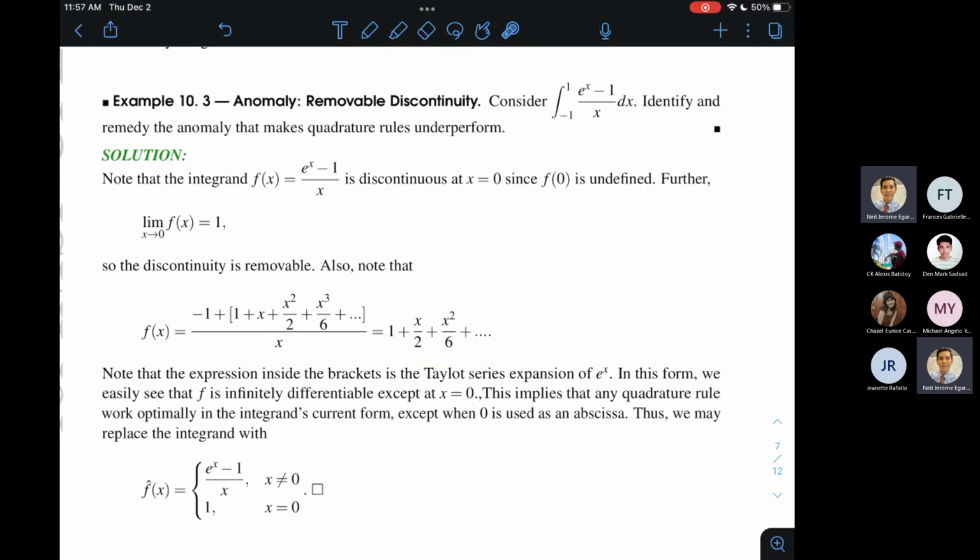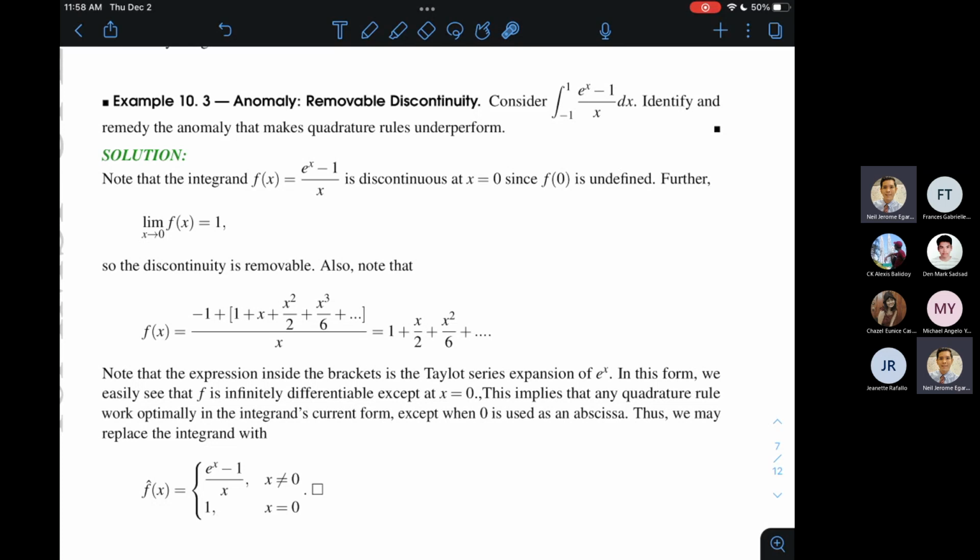So ibig sabihin, ito ay infinitely smooth na kasi when x is not equal to 0, this is just an extended polynomial. So really, the only problem here is the removable discontinuity at x equals 0, which will cause us some trouble if x equals 0 is one of the integration abscissas.